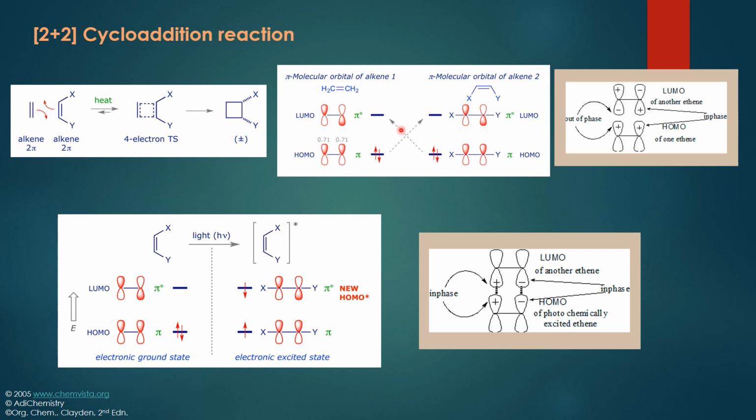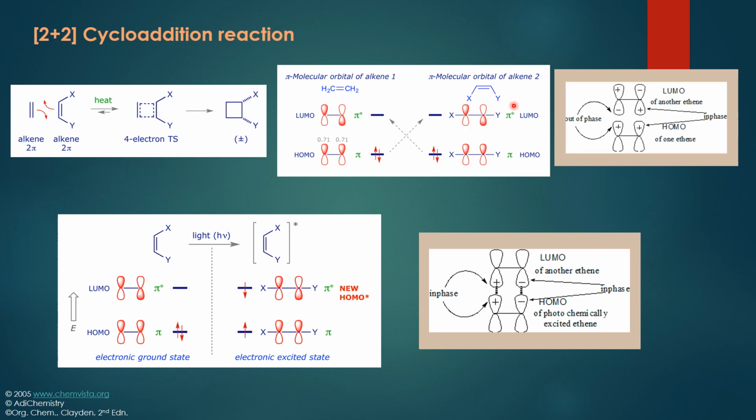That is, the HOMO of ethylene gives electrons to the LUMO of the substituted alkene, or the HOMO of the substituted alkene gives electrons to the LUMO of the other alkene. This depends upon the reaction substituents and conditions. Anyway, in thermal condition, the HOMO and the LUMO interaction takes place. The HOMO of one alkene interacts with the LUMO of the other alkene.